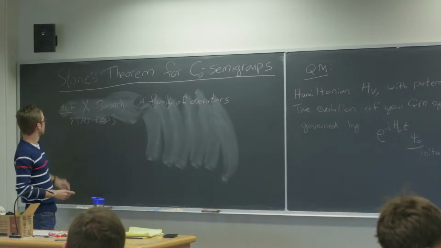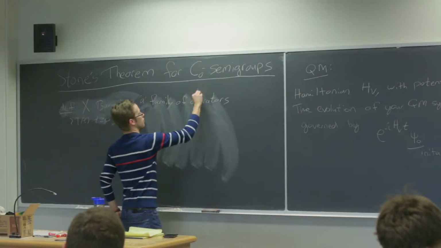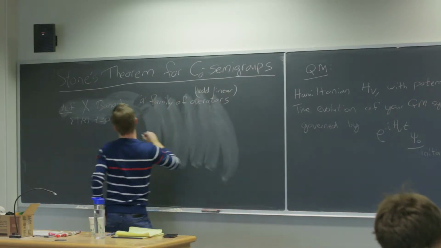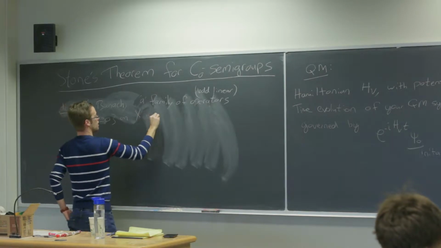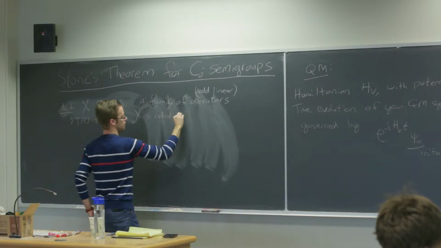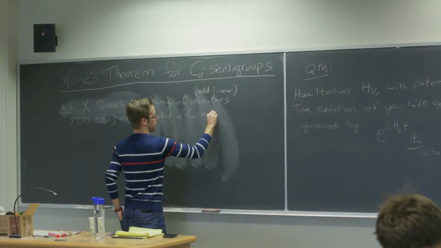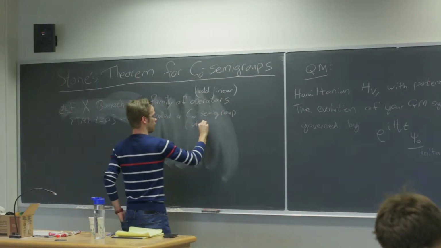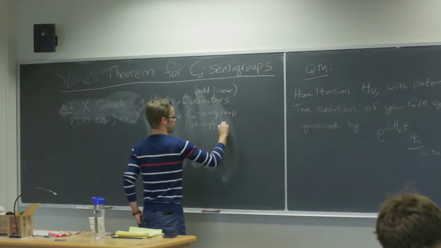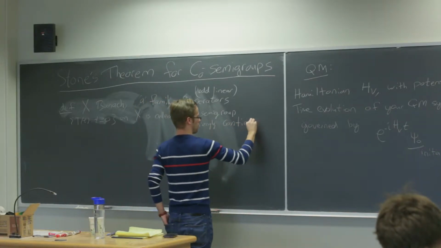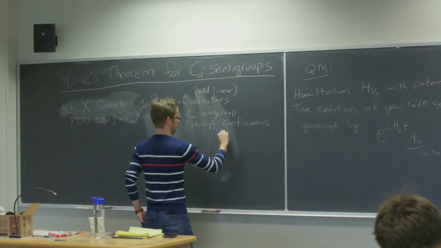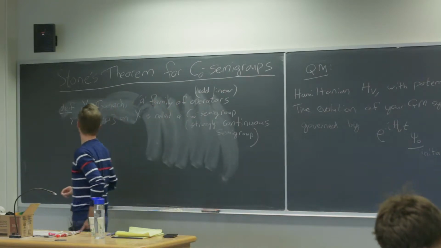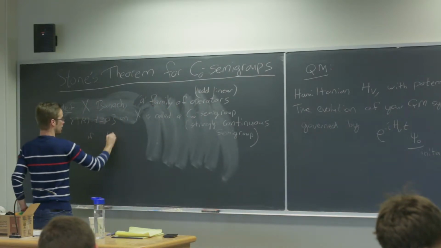So a family of operators, let's call them bounded linear operators on X, is called a C0 semigroup, or a strongly continuous semigroup, if the following three conditions hold. 1.